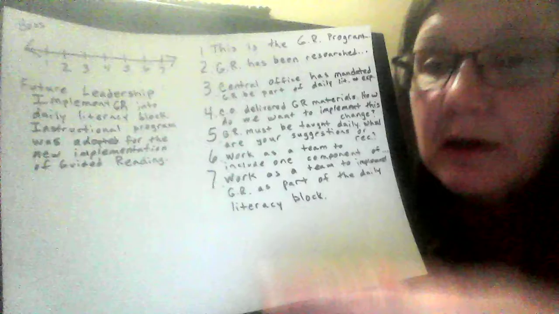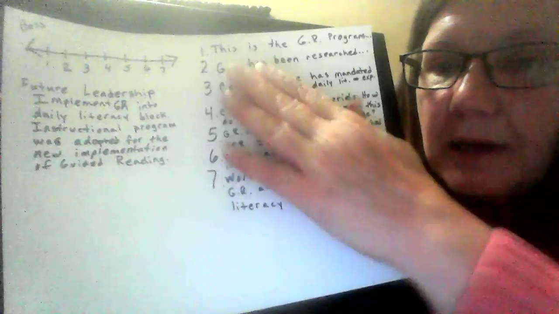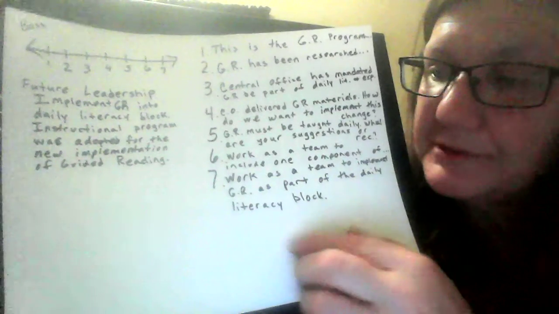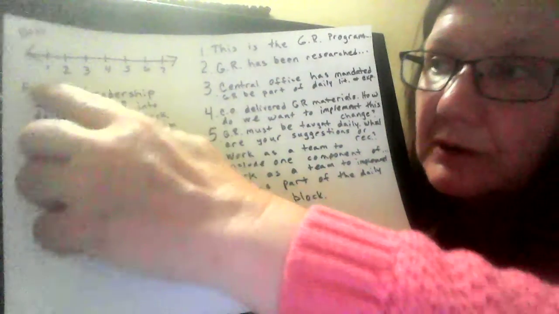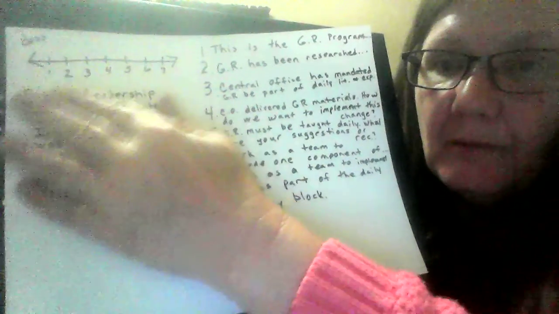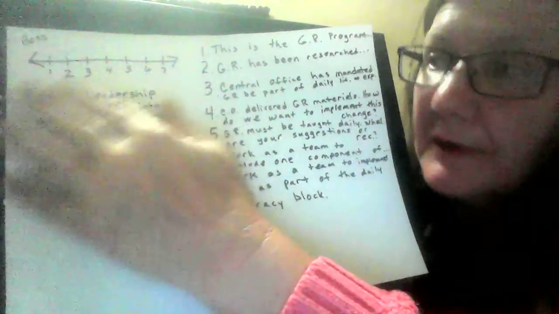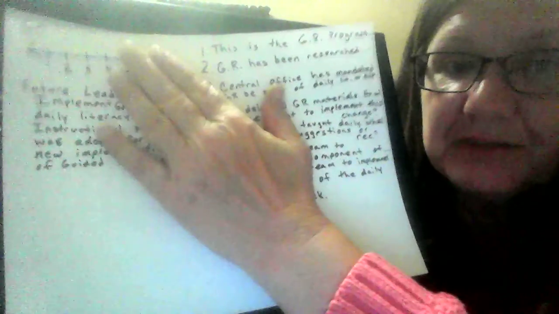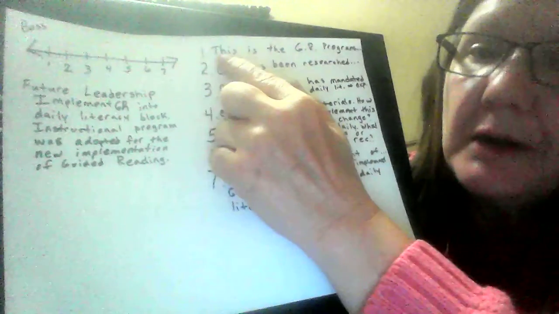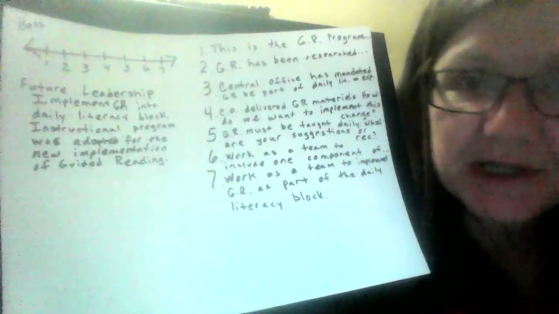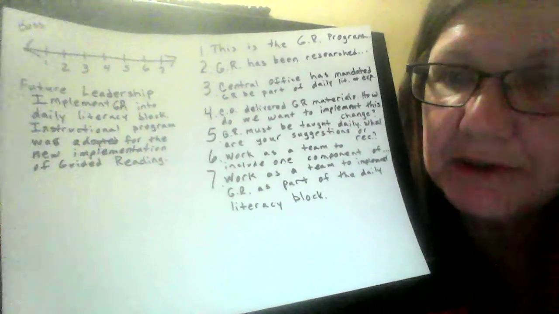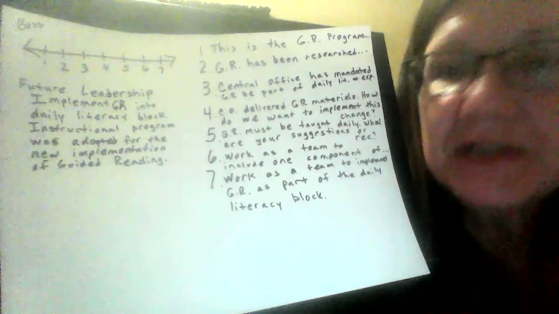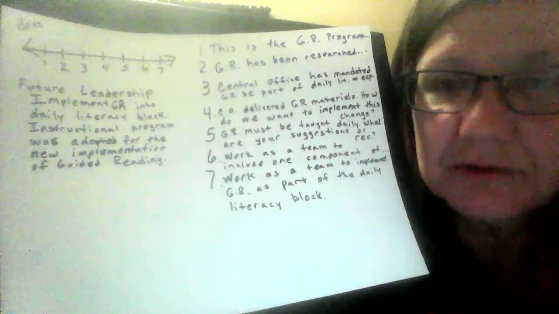So anyway, I just took that idea and I put it with the 1 through 7 continuum, from the continuum from autocratic to participatory. So one, what I would say in my future company is, this is the guided reading program that we're going to use.